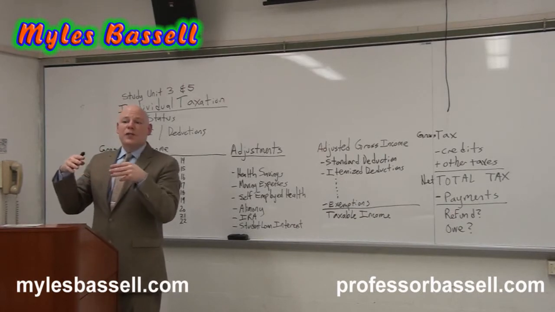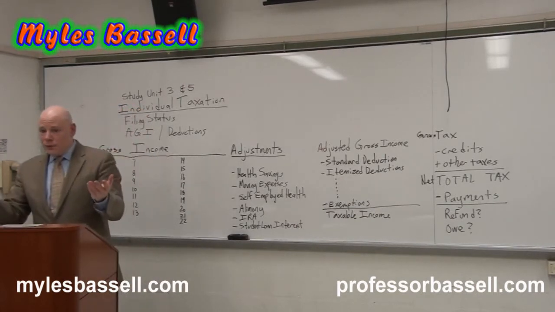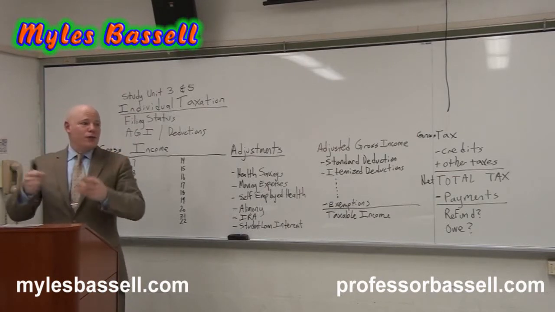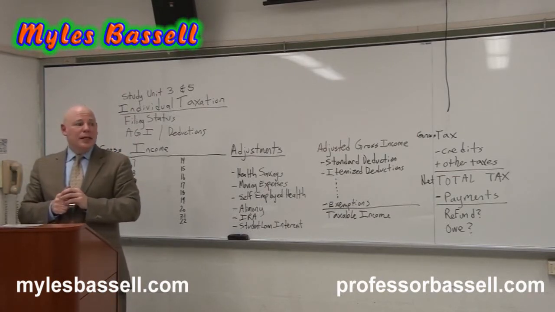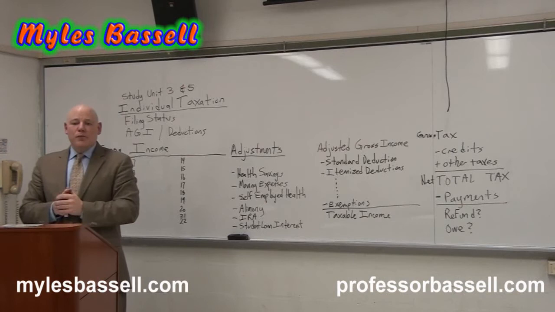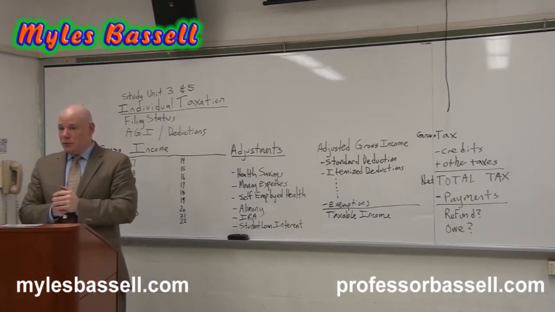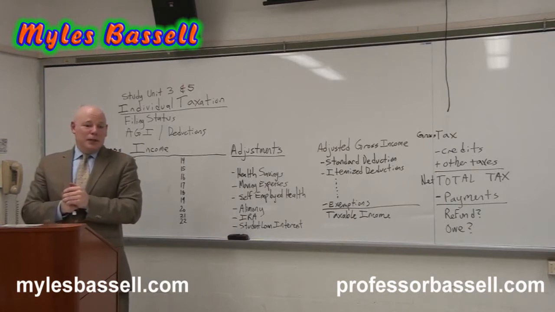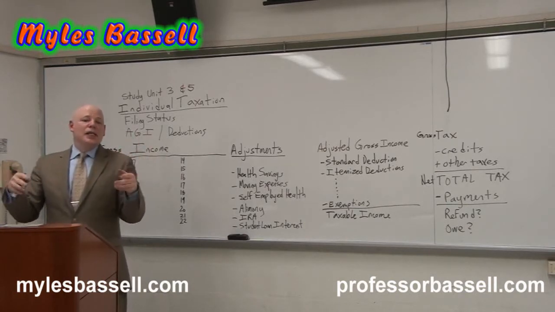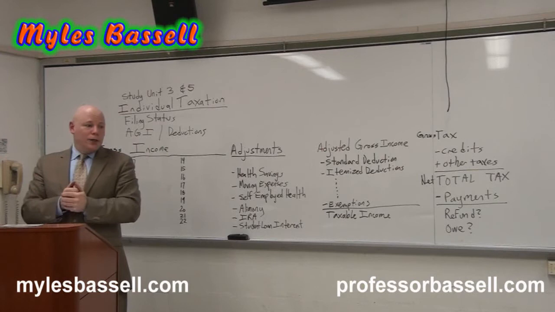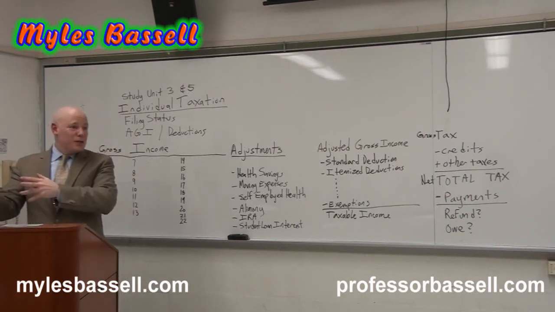Another expense could be for maintenance and repairs. So maintenance, for example, would be if you have somebody who's taking care of the lawn. You're not there, you have a tenant, somebody is mowing the lawn. Somebody is raking the leaves.